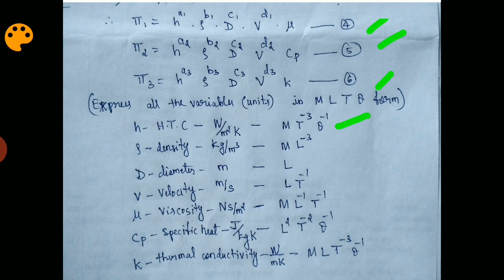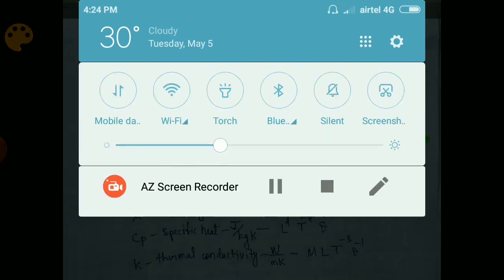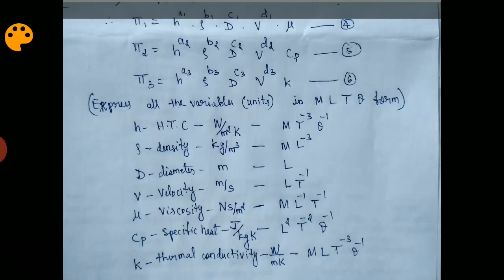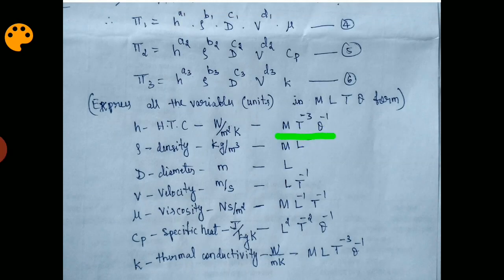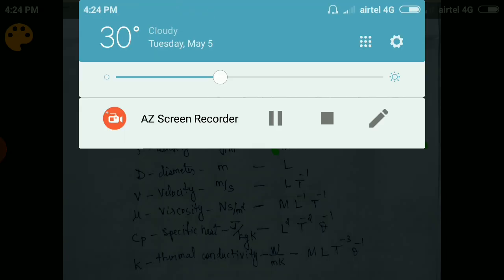Pi 1 is a non-dimensional term, so it will be M raised to 0, L raised to 0, t raised to 0, theta raised to 0. In place of h it will be M t raised to minus 3 and theta raised to minus 1, raised to a1. Similarly rho will be replaced by M L raised to minus 3.